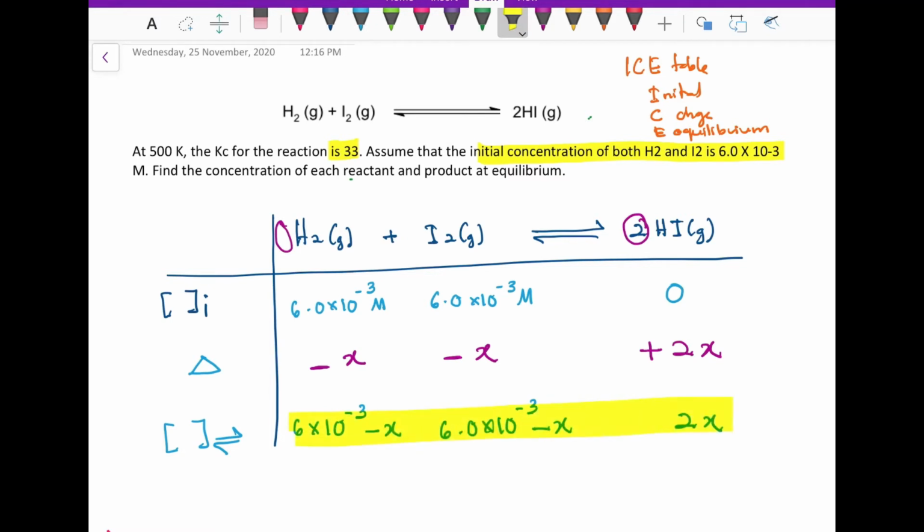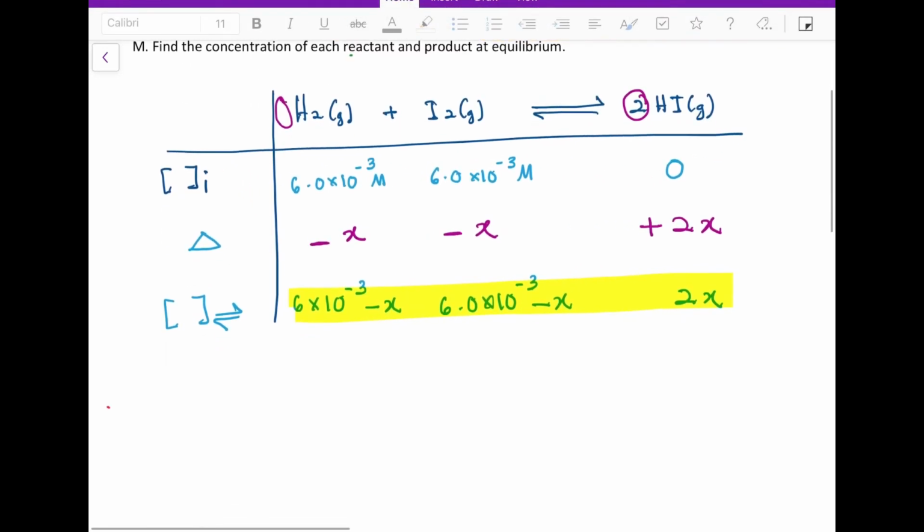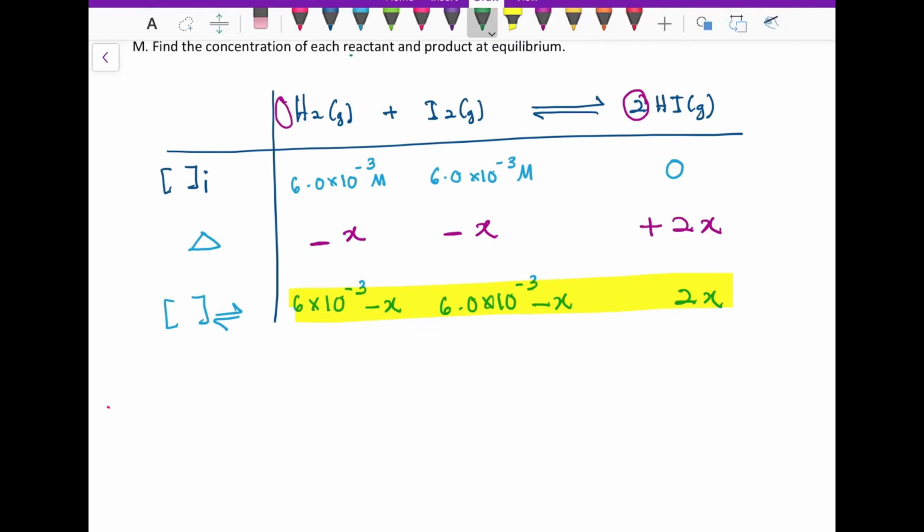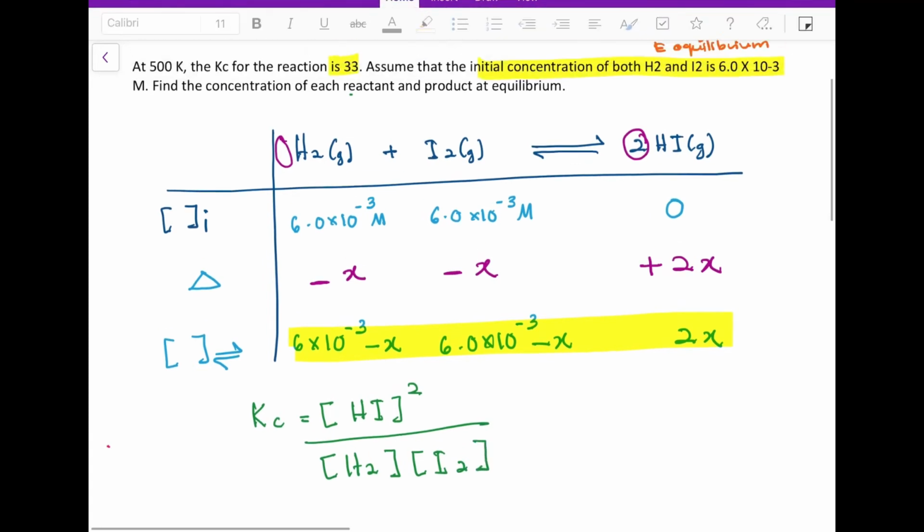We have the Kc. So how do we relate the concentration at equilibrium with Kc? Right, so now we can write the Kc expression. The Kc is equal to the concentration of hydrogen iodide squared over the concentration of hydrogen gas and the concentration of iodine gas. We are given the Kc value which is 33.